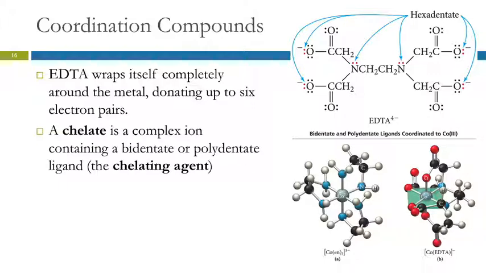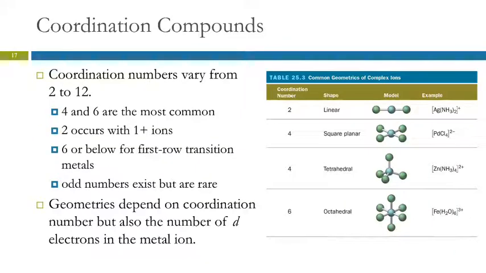They have chelating agents in them, and they help to get the calcium and the magnesium that form the soap scum and the hard water stuff off your bathroom fixtures. So the coordination number can vary from 2 up to 12, but 4 and 6 are the most common. With +1 ions, you will sometimes see just 2.